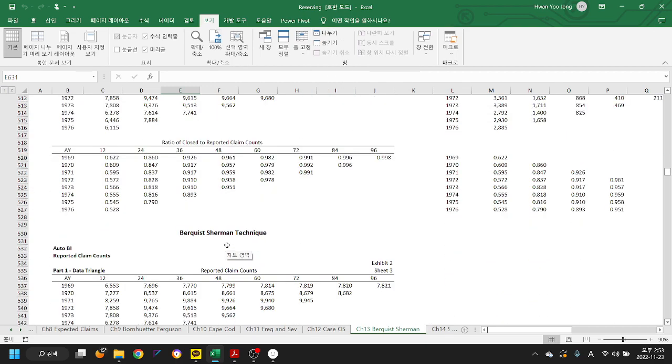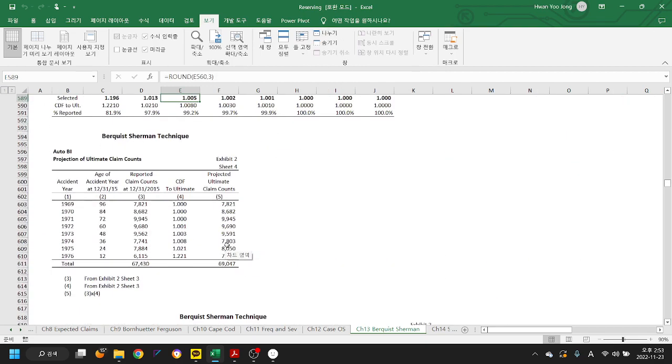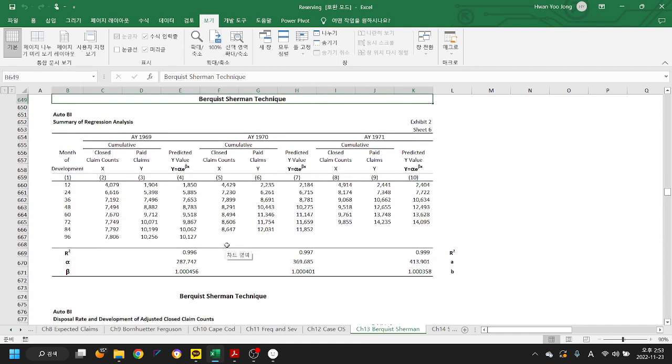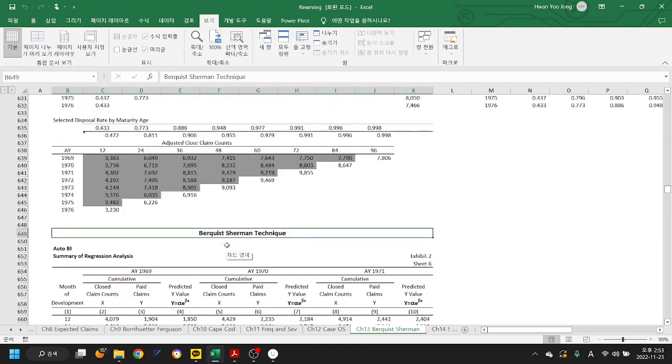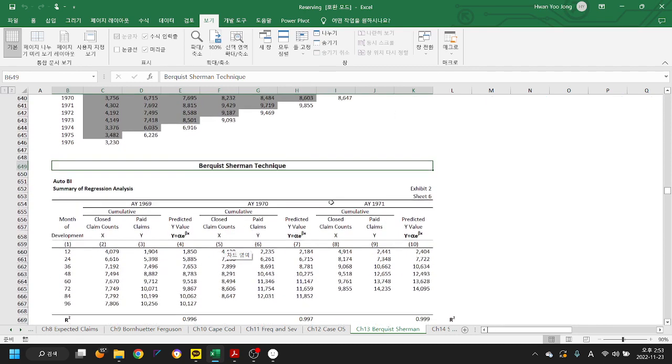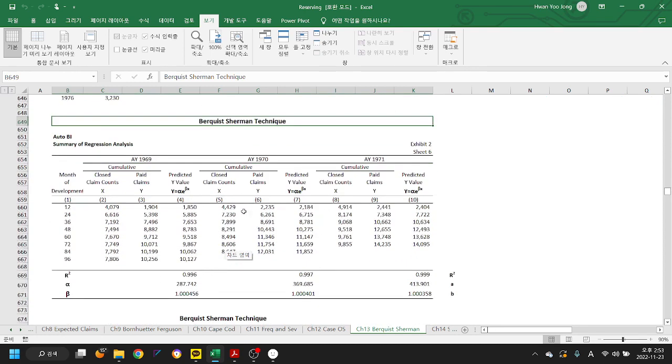And this is just the preparation stage. So you have the original closed claim count and now the adjusted closed claim count. This is just for additional review.